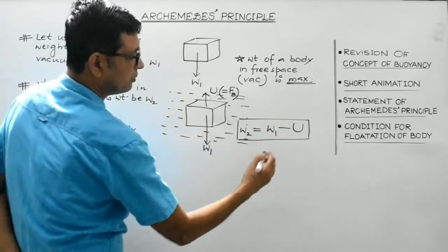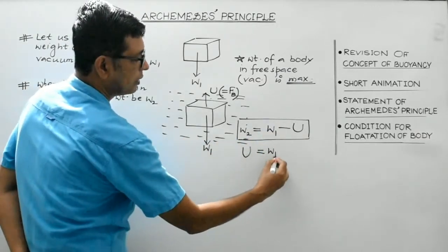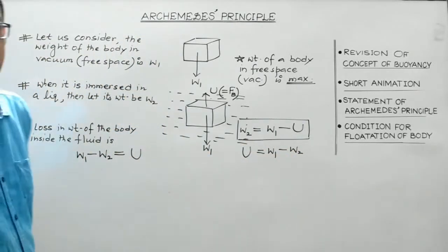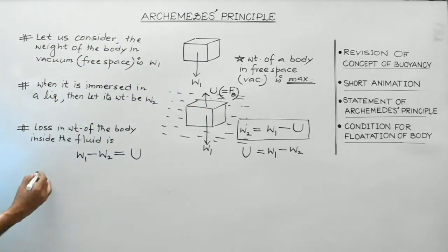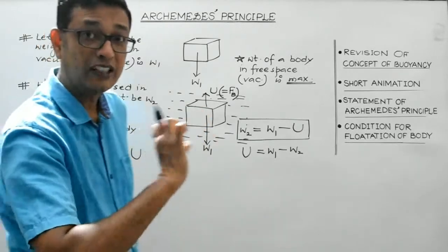Simply rearrange the terms. What do we get? U can come over here and W1 minus W2. This is the loss in weight of the body. Clear, students? Okay. Therefore, W1 minus W2. Let me write the statement now.